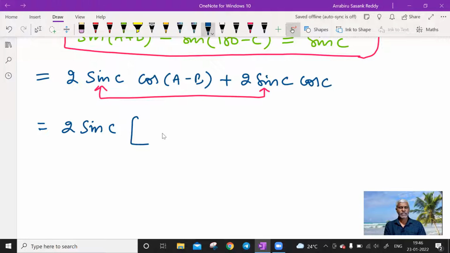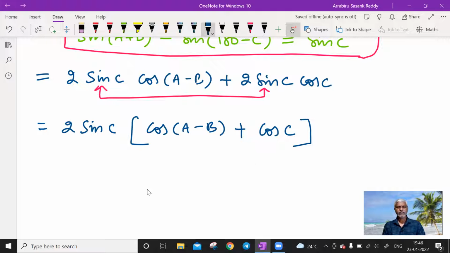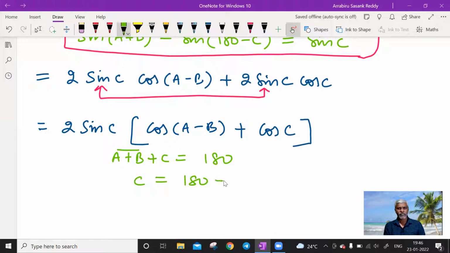So in the first term cos(A minus B) will remain, and here cos C. Again cos C can be written in terms of A plus B. Since A plus B plus C is equal to 180, C is equal to 180 minus (A plus B).